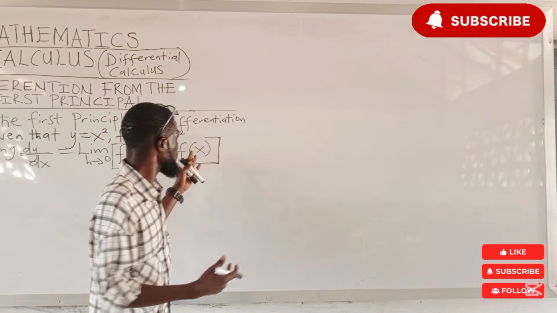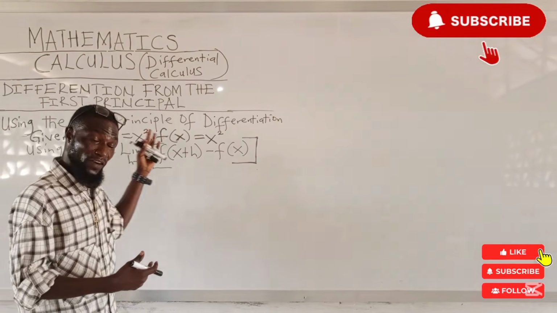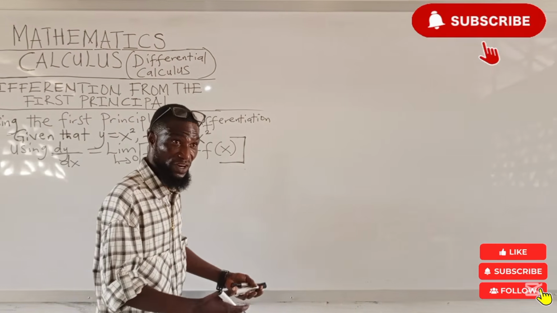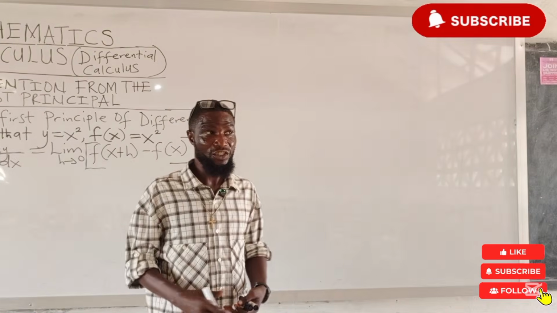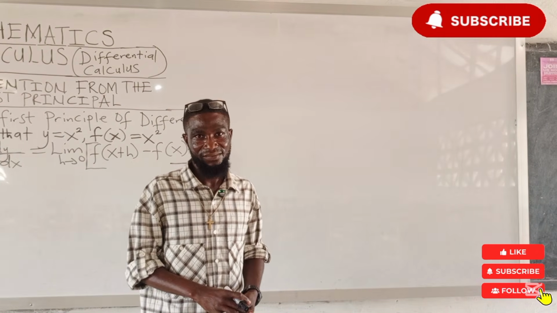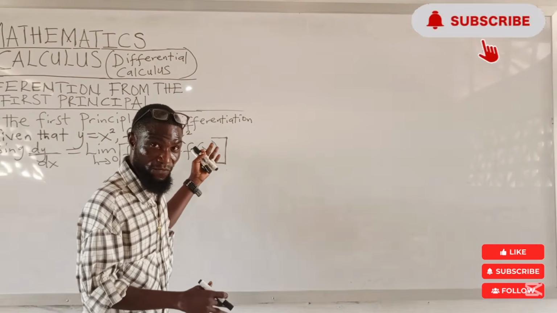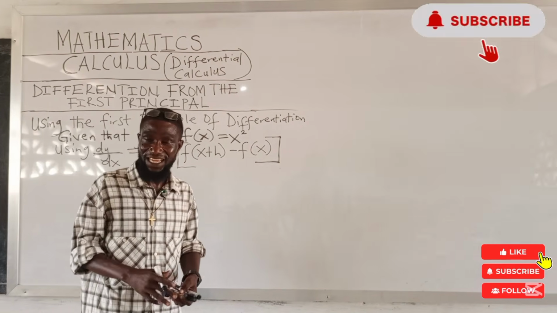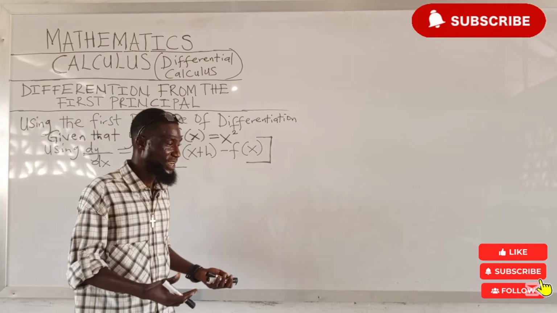And they also used the first principle of differentiation to study motion and the rate of change in combination with acceleration and velocity. And they also used it to determine the tangent line of a curve at a point.